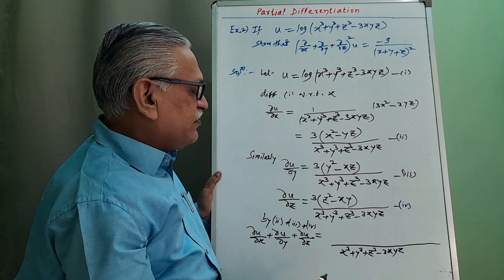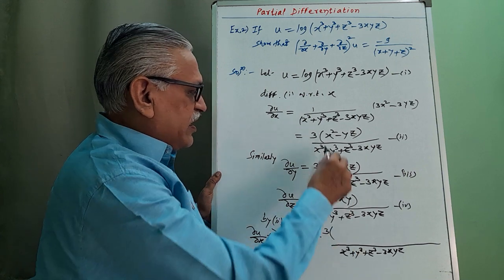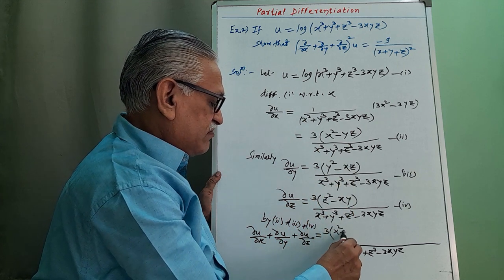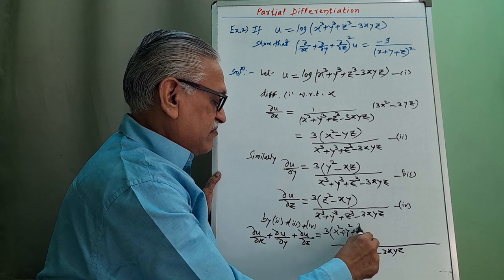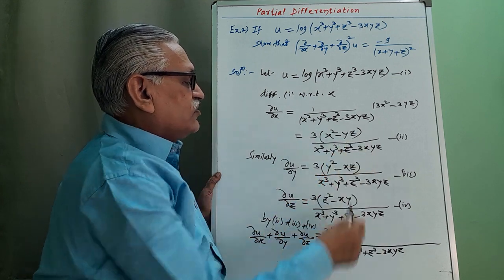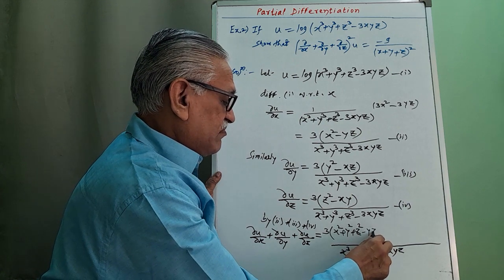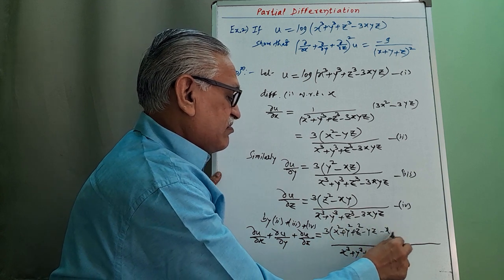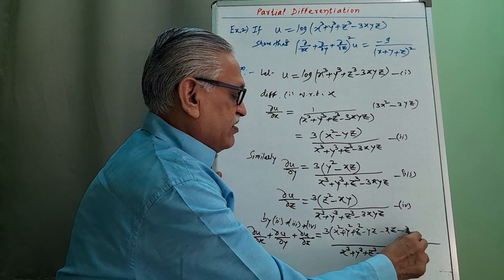Therefore, it is 3 times, taking 3 common, x squared plus y squared plus z squared minus yz minus xz minus xy.